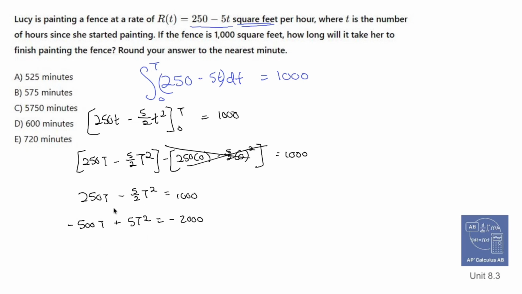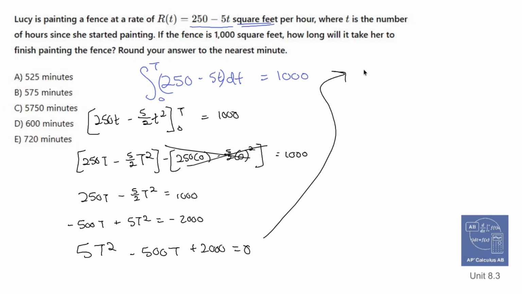Let's add 2,000 to both sides and rearrange things so we have 5t squared minus 500t plus 2,000 equals 0. I can rip out a 5, so I'm going to do that. T squared minus 100t plus 400 equals 0.